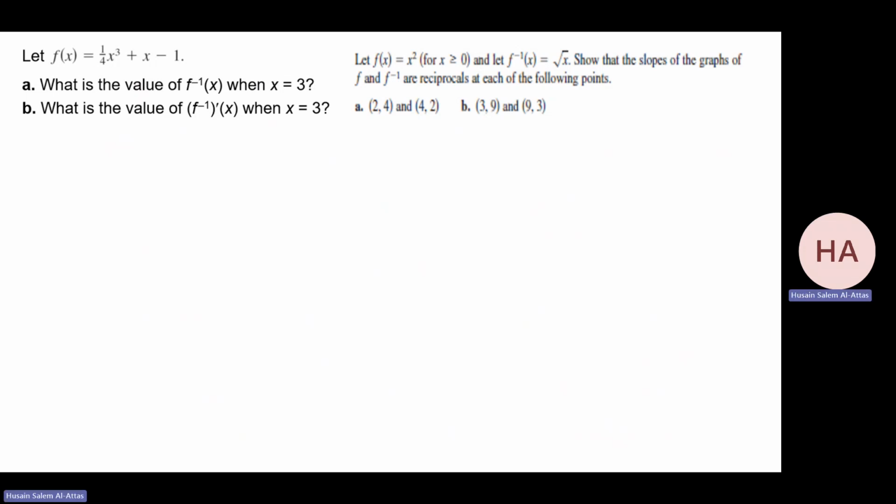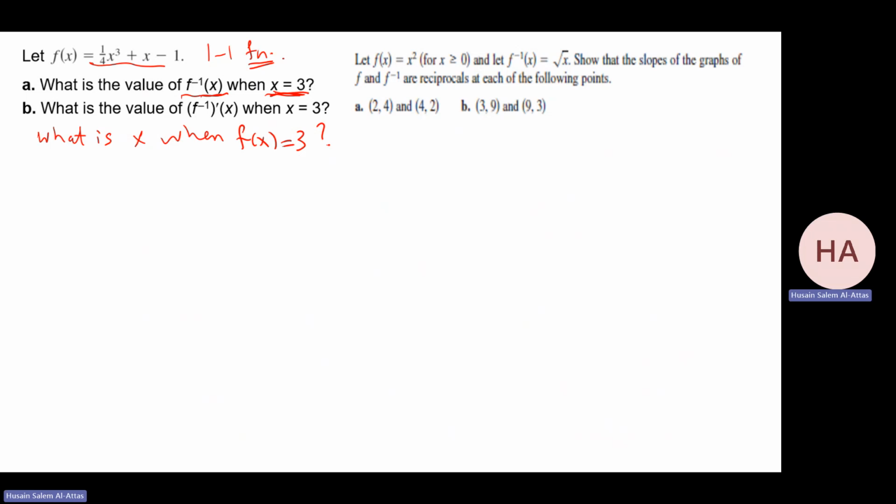Now, given this is a 1-to-1 function, what is the value of f inverse when x equals 3? The idea is to try to do it by inspection. How to find f inverse of x when x equals 3? What is x when f of x equals 3?